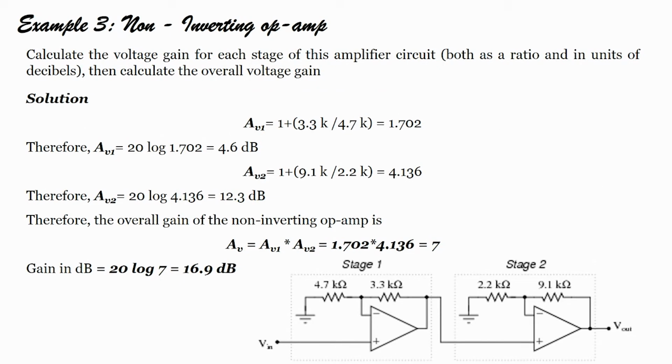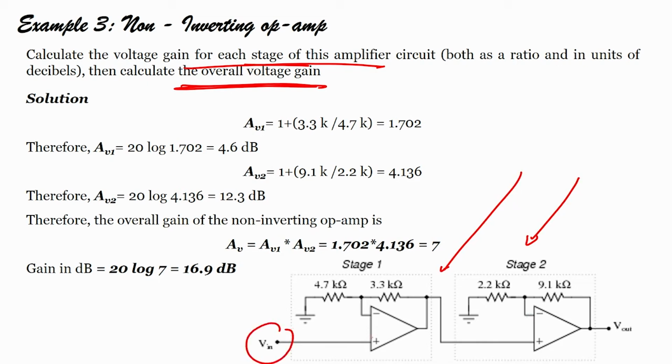The next problem is to calculate the voltage gain of each stage of this amplifier circuit, both as a ratio and in units of decibel, then calculate the overall voltage gain. You are given an amplifier like this. You see there are two stages here. We are applying the input at the non inverting terminal, and the output of the first amplifier is fed to the non inverting input of the second op amp.